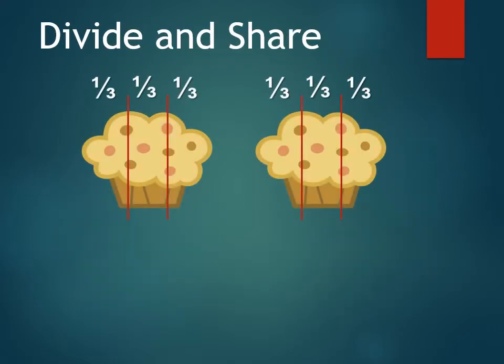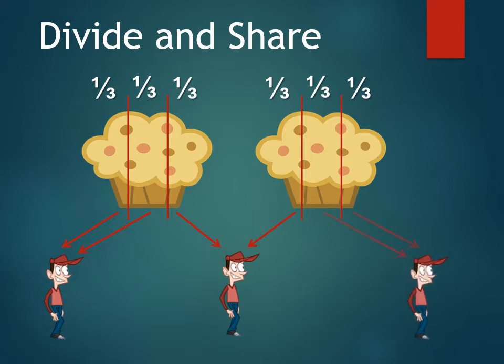Now that we have our muffins in the 3 equal sections, we can start dividing them. Brother number 1 gets 2 pieces, brother number 2 gets 2, and brother number 3 gets 2, because when we sliced them into 3 sections each, we had a total of 6 slices. So they each get 2 slices each.